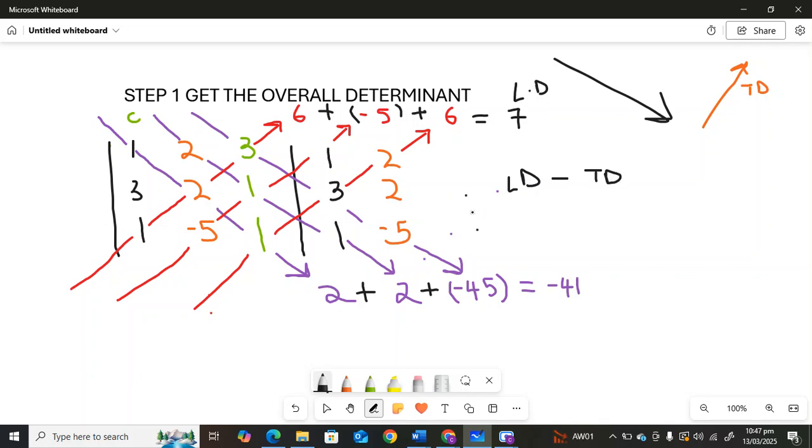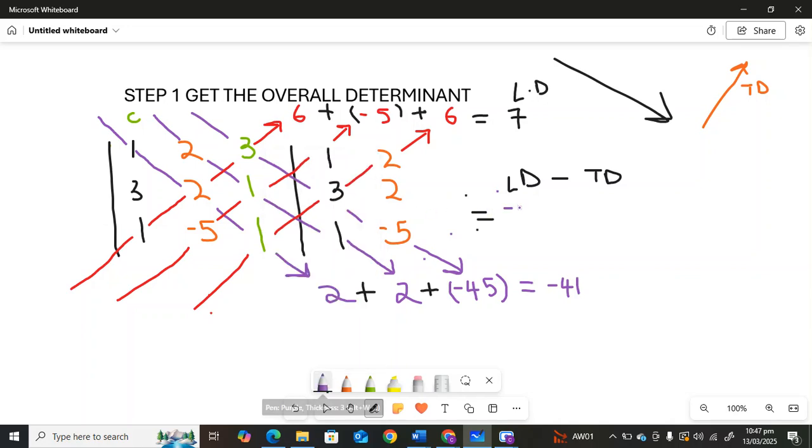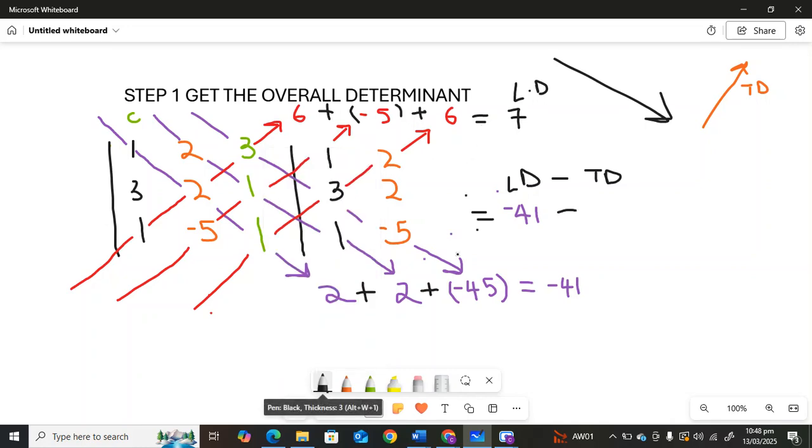For our leading diagonal, negative 41, minus trailing diagonal, we got 7.